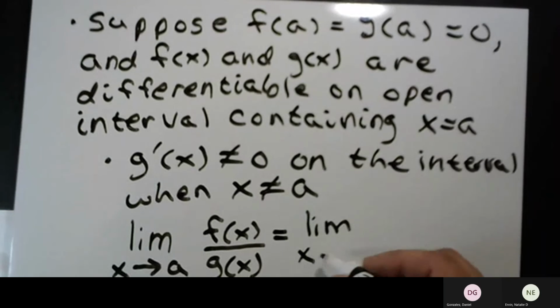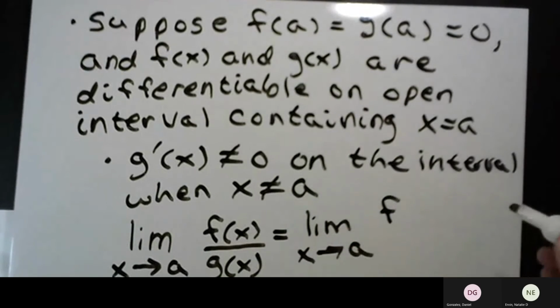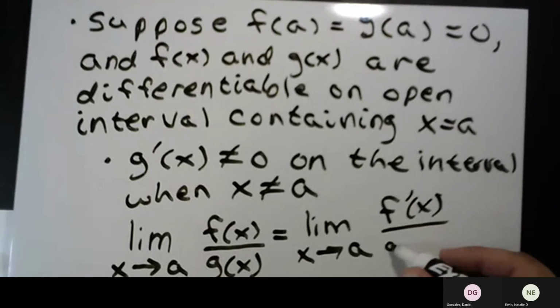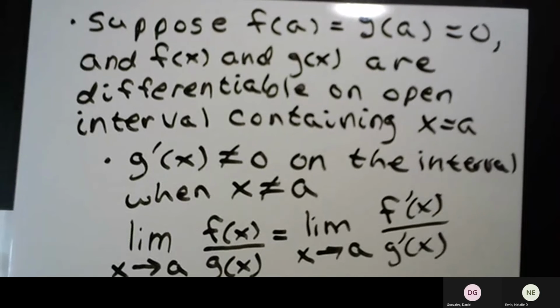And this is L'Hopital's rule, what I'm writing right here. Whatever this limit actually is, it's the same if we take the limit of the ratio of the derivatives. So that's going to be a huge help when dealing with these. So any questions about that?